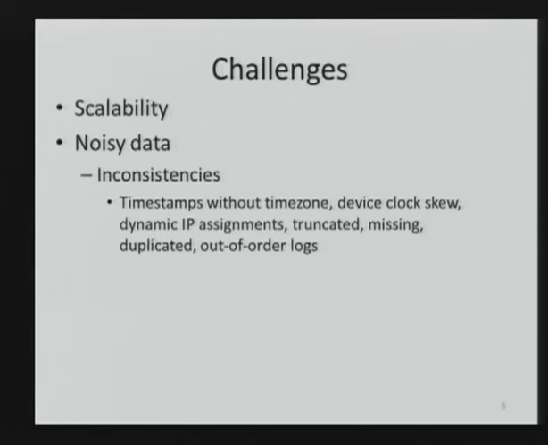There's clock skew that makes it difficult to correlate logs generated by different devices. Most of the logs use IP addresses as host identifiers, but DHCP allows multiple hosts to share the same IP at different times. The logs may be truncated due to database field length restrictions. They can be missing, duplicated, or arrive out of order.